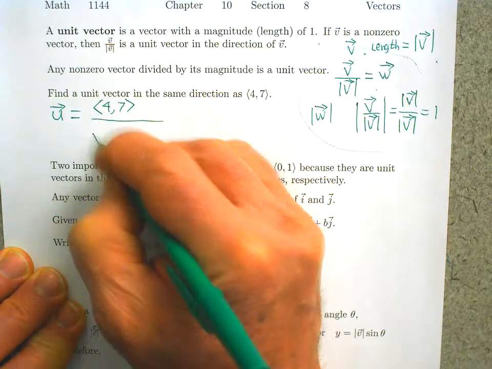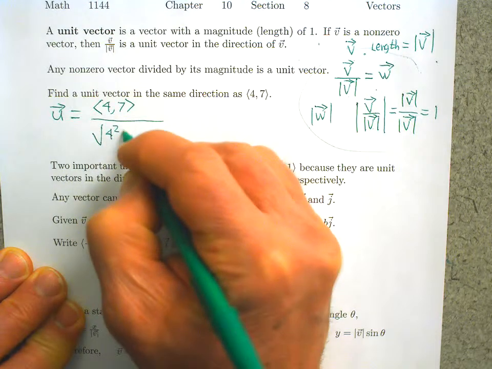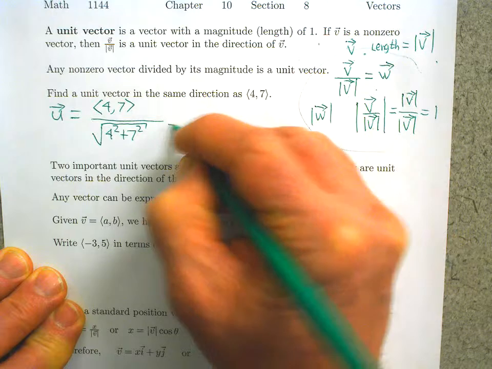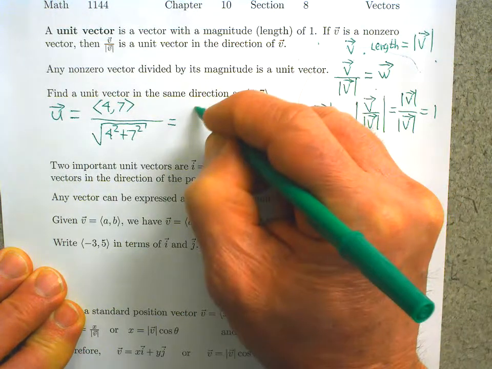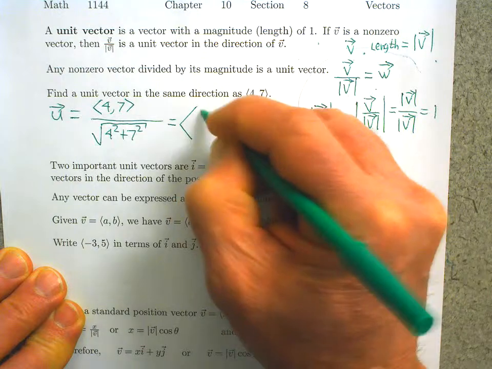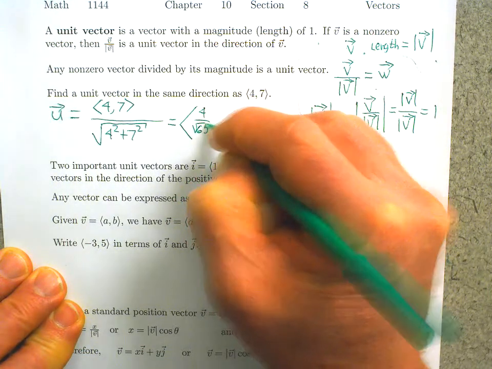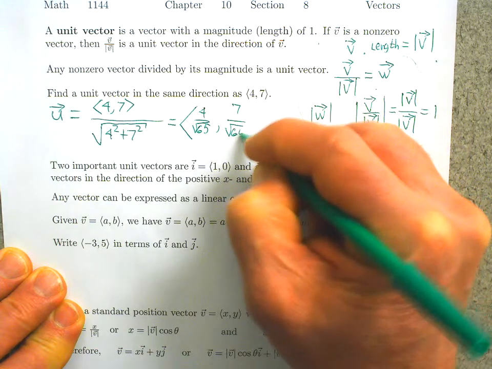And then the length of the vector 4, 7 is the square root of 4 squared plus 7 squared. Which is, you could write it as the vector 4 over the square root of 65, comma, 7 over the square root of 65.